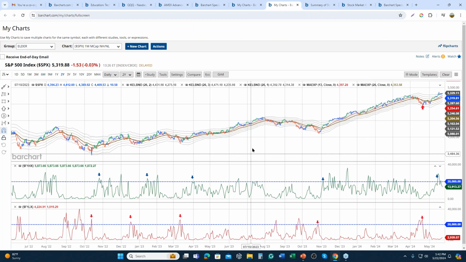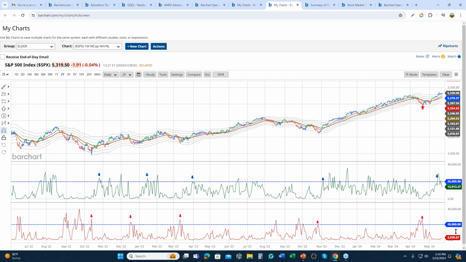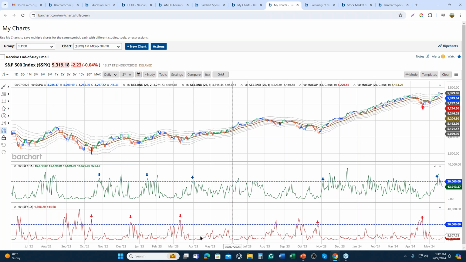So how do you read this one? Well, what we're going to wait for is when the new monthly lows by market capitalization get above 20,000. Again, I drew this 20,000 line on my pane. Now notice that we had 3 times where the market spiked above 20,000 as the market was trading low. Again, a lot of times these breadth indicators will peak before the market actually makes that reversal.